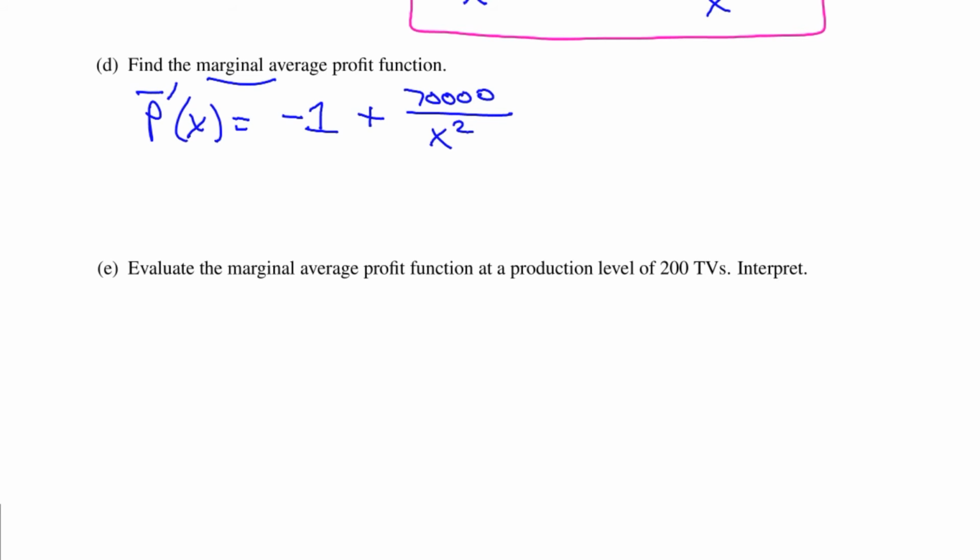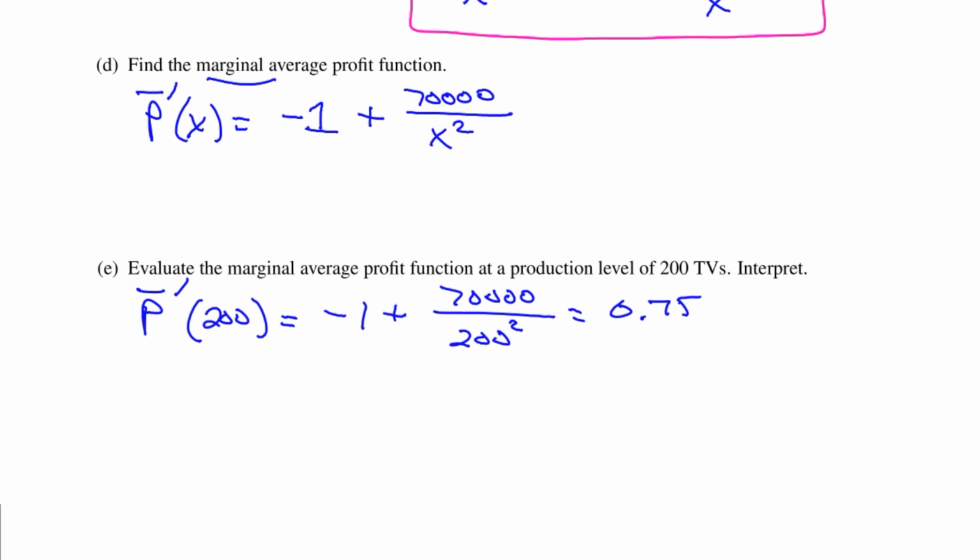Question E. Evaluate the marginal average profit function at a production level of 200 TVs and interpret. So P bar prime of 200 is equal to negative 1 plus 70,000 divided by 200 squared, which is 0.75. And here we go again.